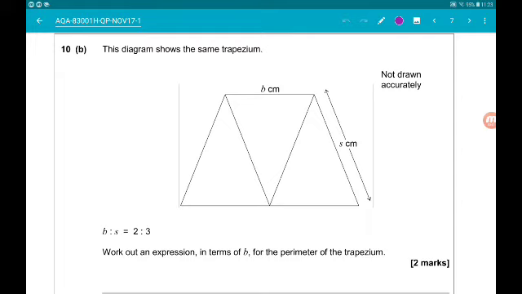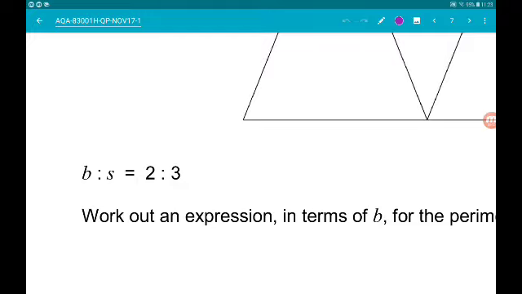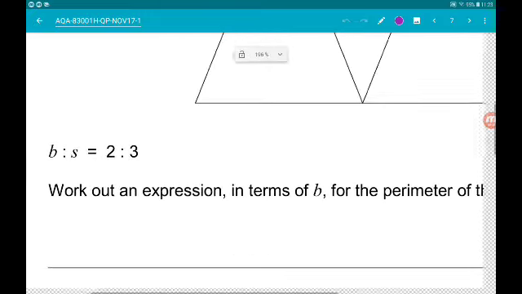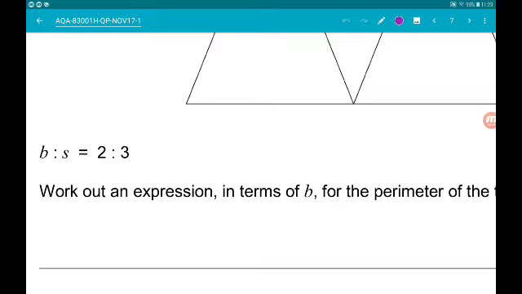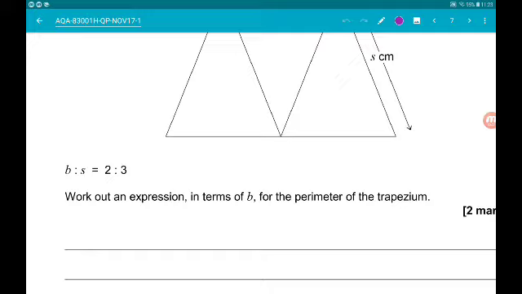Okay, then for part B, we have the same trapezium. Now we know the slant height of the triangle is s, and we are told b to s is 2 to 3, and we want to work out an expression in terms of b for the perimeter of the trapezium.